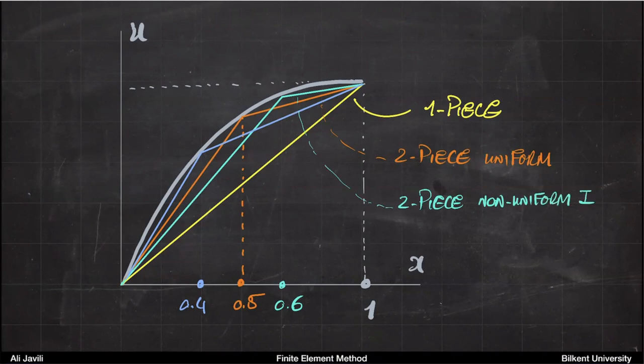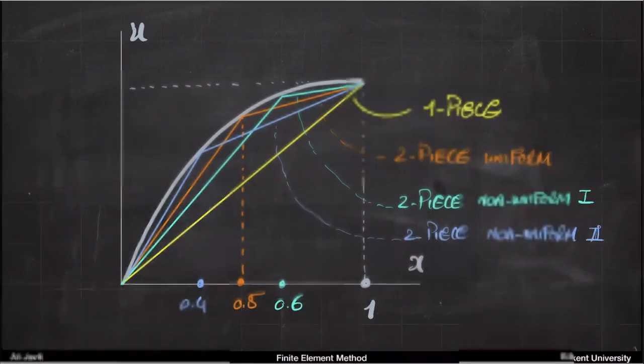And then we had the blue one, that's this one, and that is a two-piece non-uniform two. We had some mathematical steps, but I think it is important that you see this bigger picture.